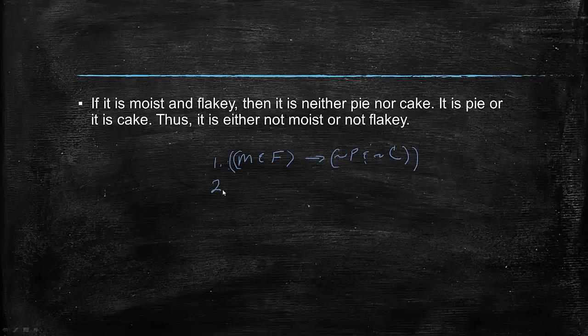Premise 2: it is pie or it is cake. Three, thus, it is either not moist or not flaky. So it is either not moist or it is not flaky.